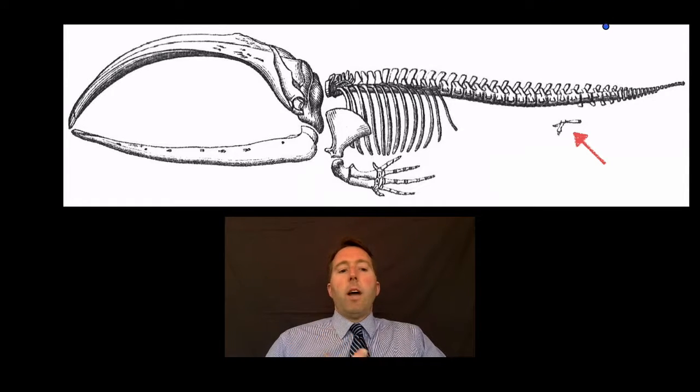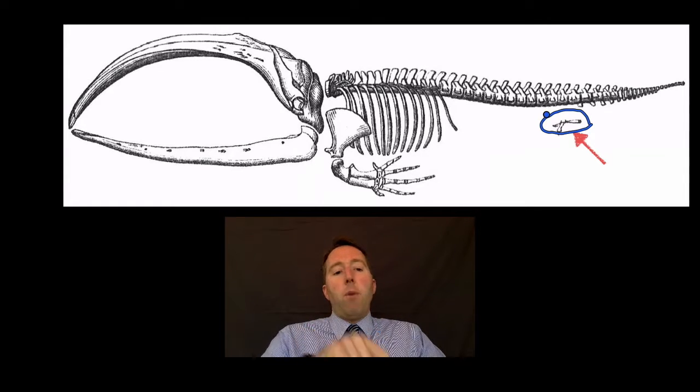So if you've ever seen a whale skeleton in a museum or something, you can have a look down at the back. They've got some bones which are just kind of dangling there. These are actually vestigial, so leftover, not useful anymore, but they are the leftover bones from legs or hind legs.